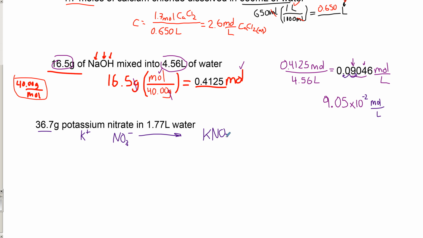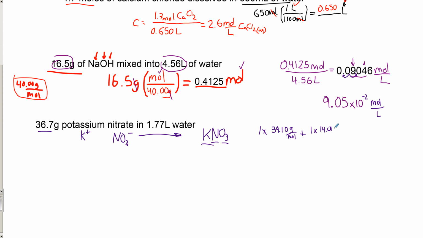So we need to add up the mass of 1 K, 1 N, and 3 O's. So I'll say 1 times, what's a K? 39.10 grams per mole. Plus a nitrogen, 1 times 14.01 grams per mole.